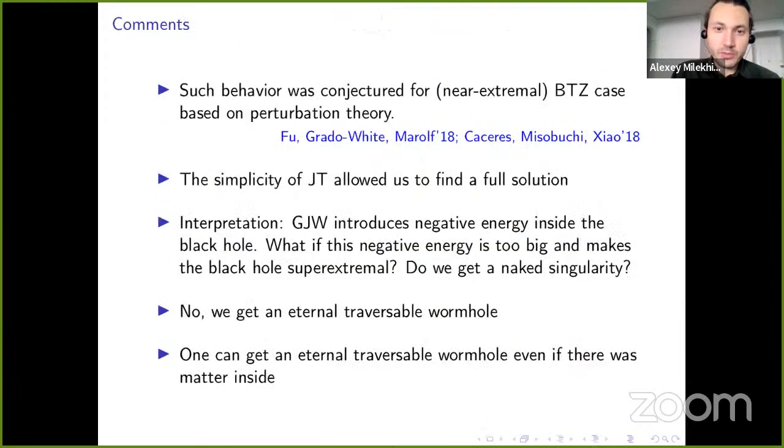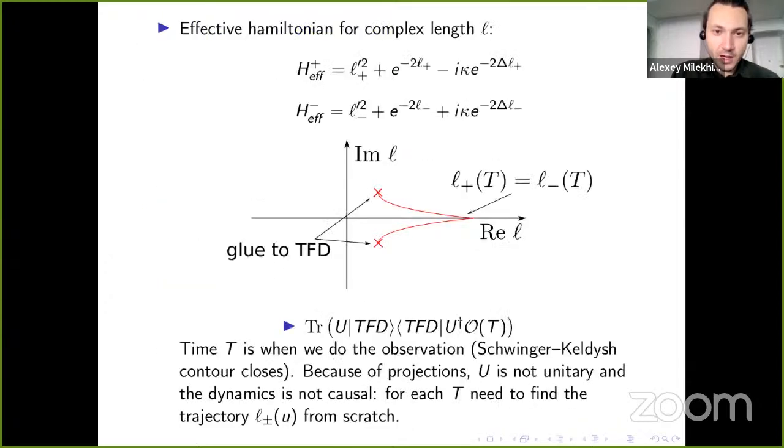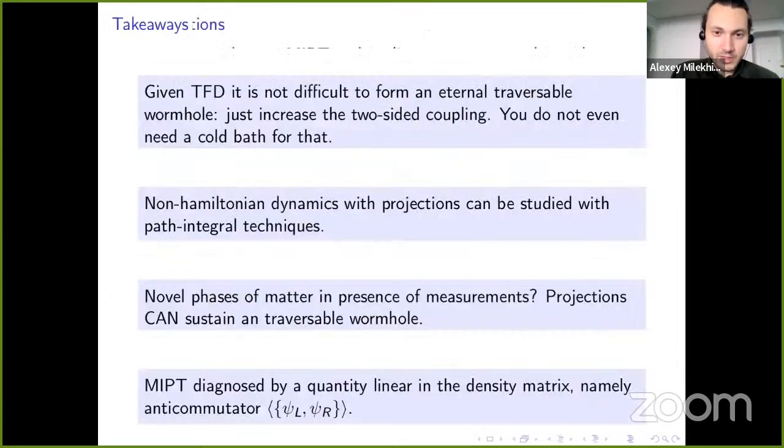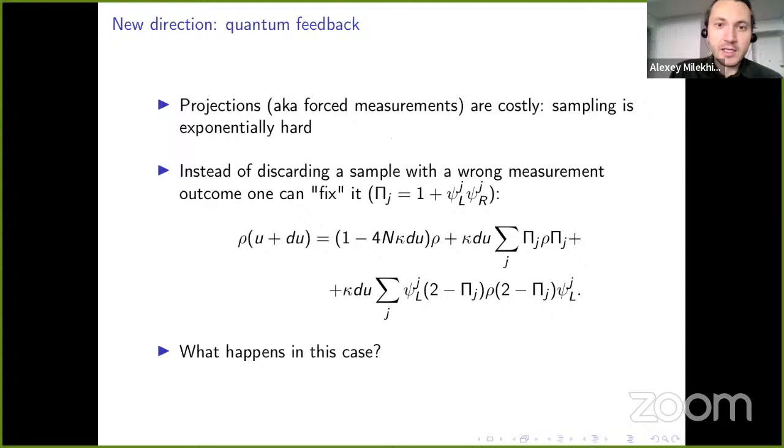But what people want to study now, and there are more and more papers and literature on that, is what is called quantum feedback. So doing projections, as I said, is very hard, but what you can do is fix your state. Suppose you basically have the same protocol as I used before.